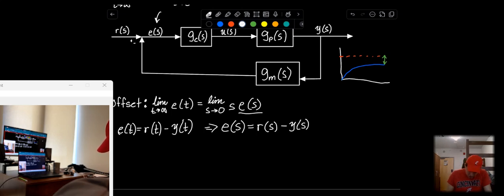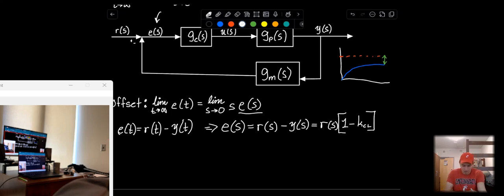We can rewrite this equation then, right, as r of s times 1 minus k of the closed loop. And the reason we can do that is that r times our proportional parameter for our closed loop will be giving us our output condition there.